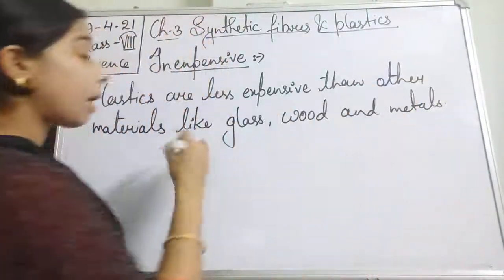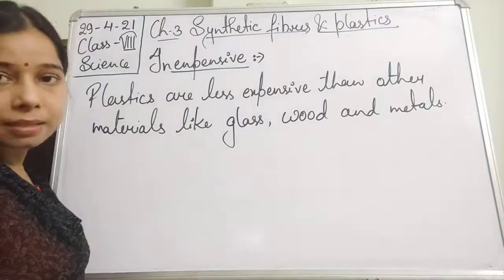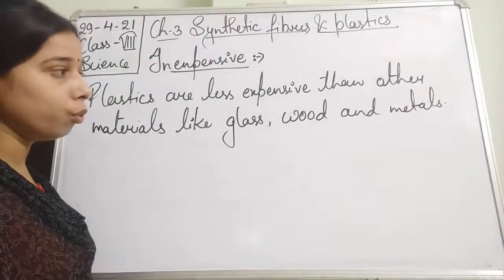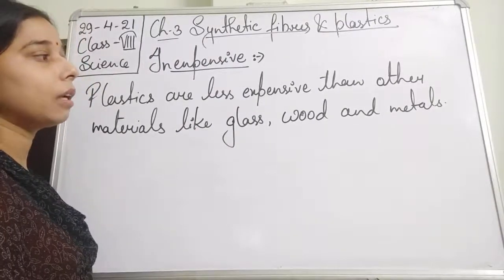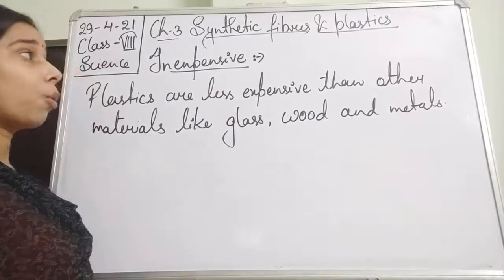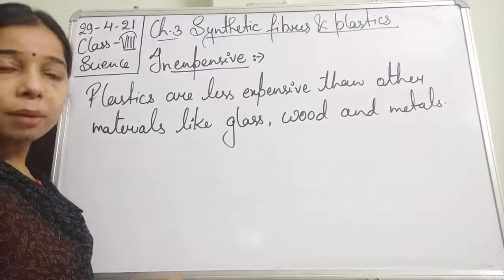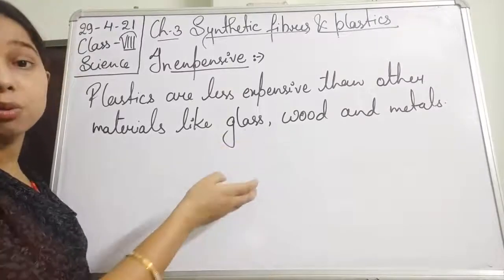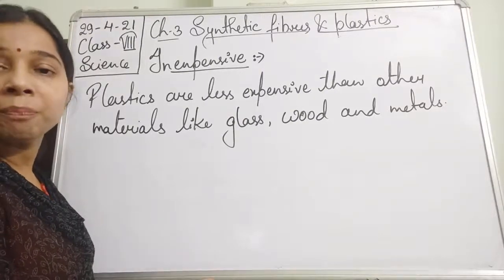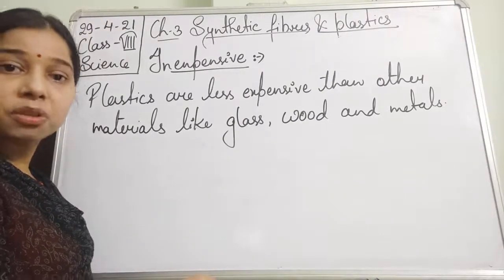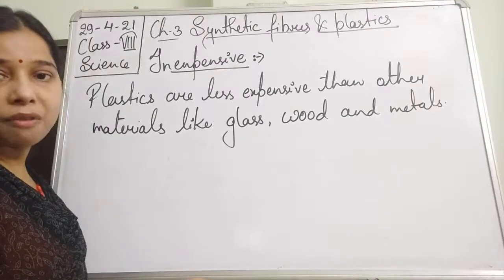If you compare the cost of plastic with that of metal, wood and glass, you will find that it is quite less expensive. If it is cheap, students, ultimately people are going to prefer the use of plastics. So this is another property of plastic.